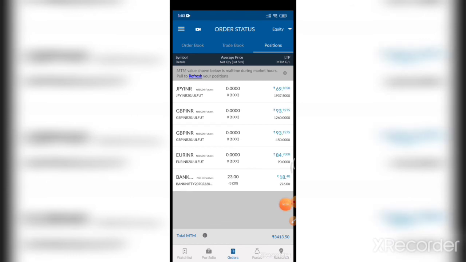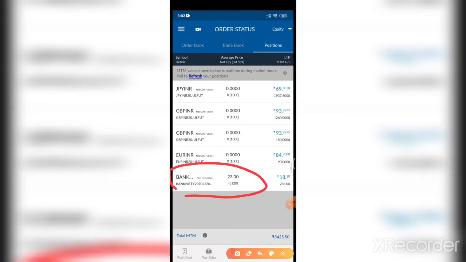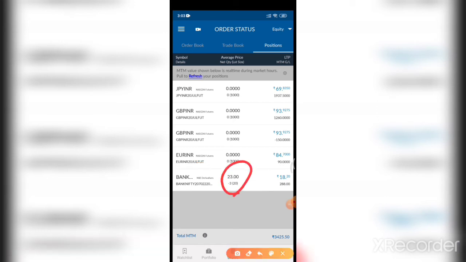It depends on you. Now I have bought Bank Nifty also. Here you can see, I sold 3 lots, okay, -3, and I am just watching how it goes down.